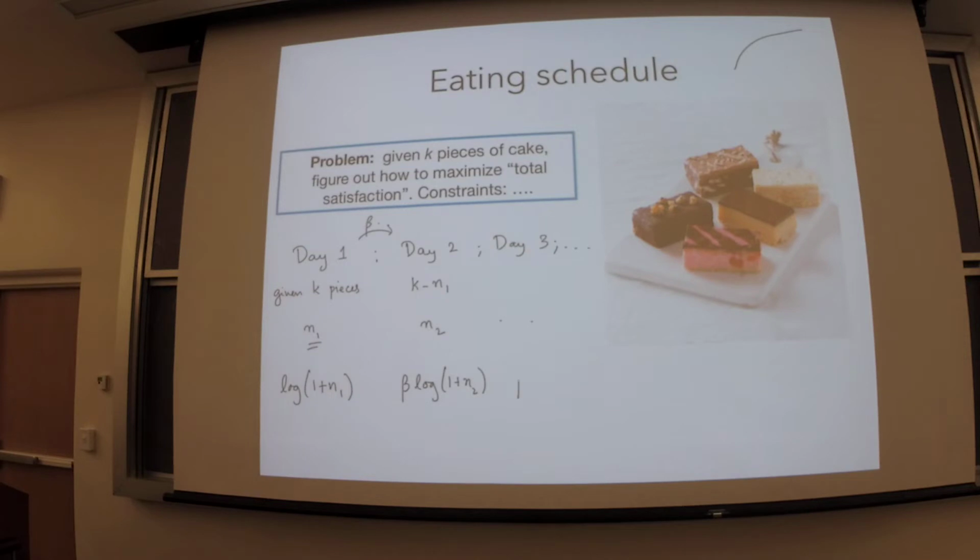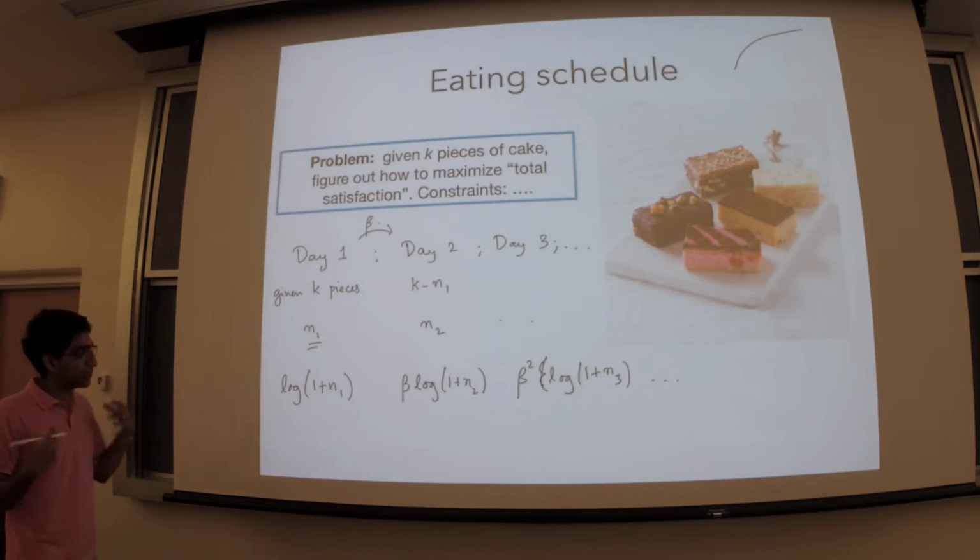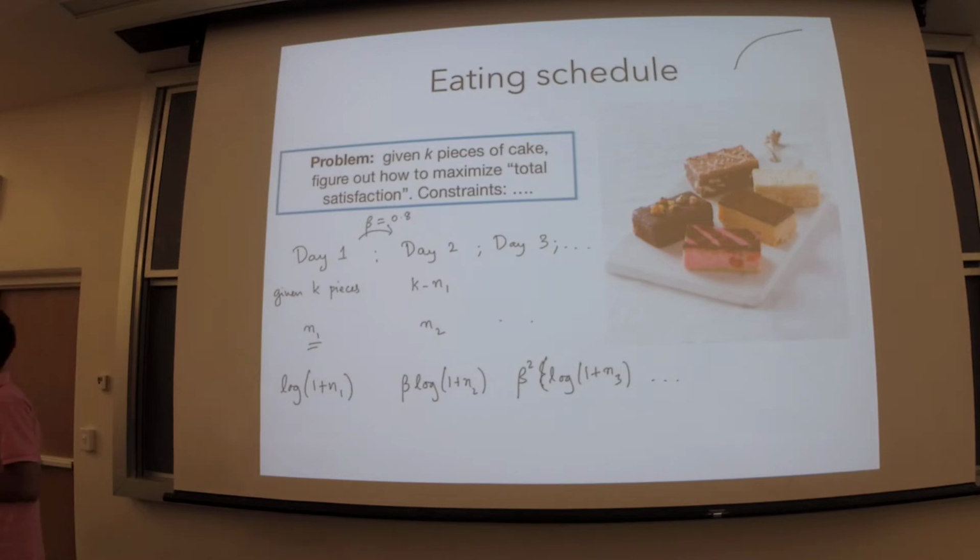The next day you get beta squared times log of 1 plus n3, and so on. And beta is some factor that depends on how well you can preserve cakes. Let's say it is something like 0.8, so it's some factor smaller than 1.